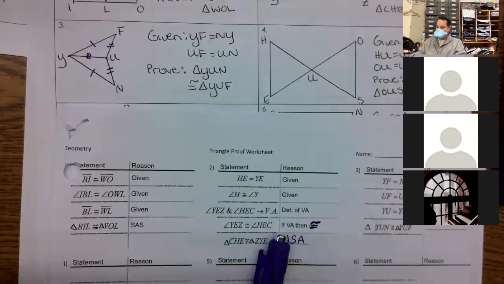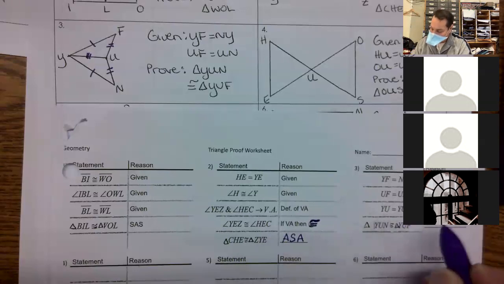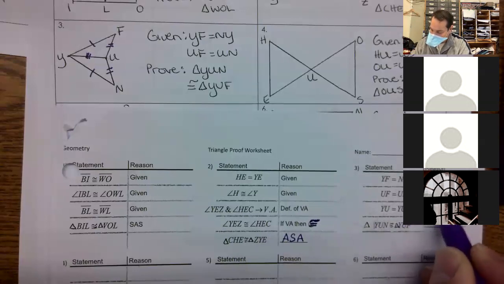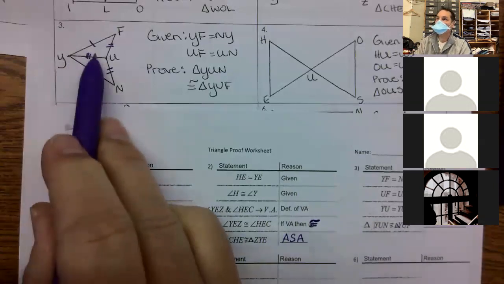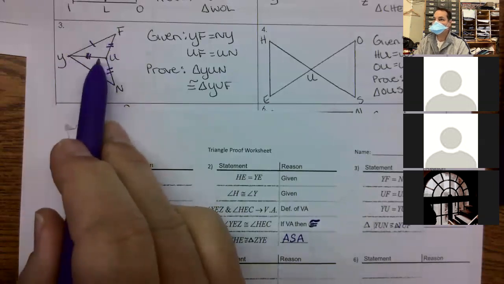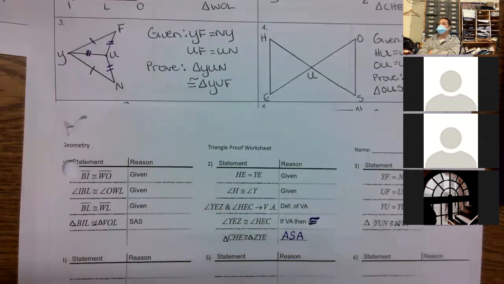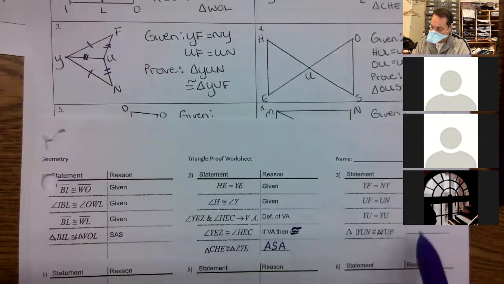This is the value. This is why we learned it. When YU is equal to YU, that is the reflexive property. In other words, those two segments, the YU for the top triangle and the YU for the bottom triangle, they're the same segment. So of course they're the same length. And with those three pieces in place, I can now say these two triangles are congruent by what? Side, side, side.